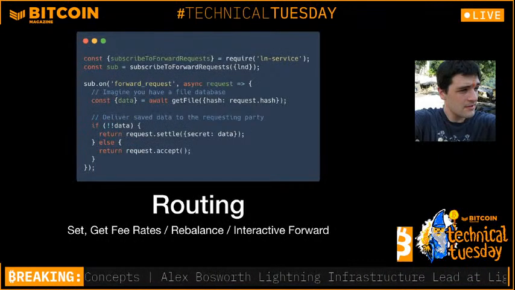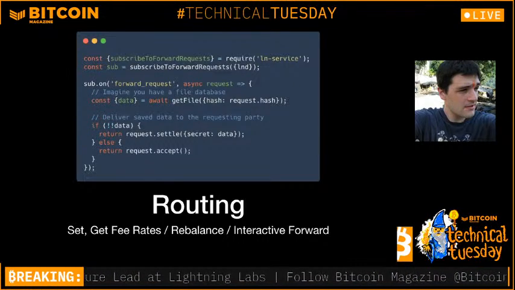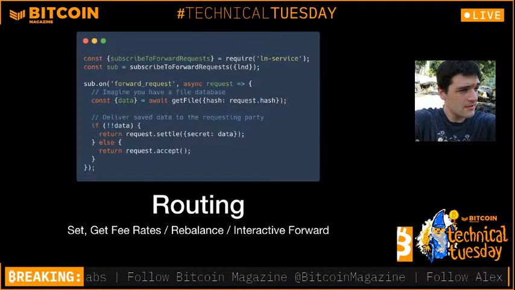Okay, so maybe now that you've got funds, you've got channels, you're making payments, you're making invoices, you're listening for invoices, a third path that I think is a lot of fun is becoming a routing node yourself.